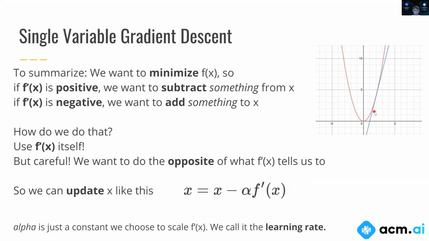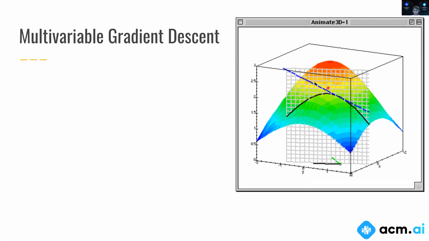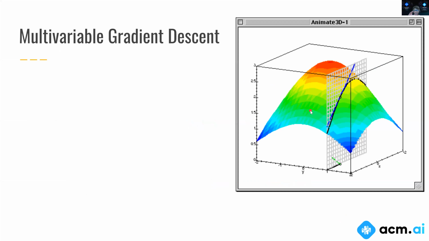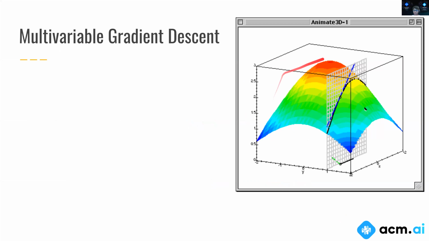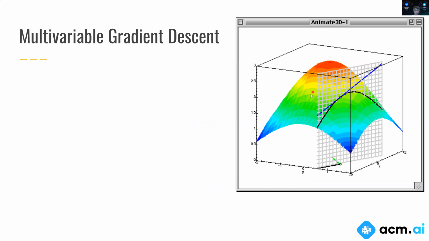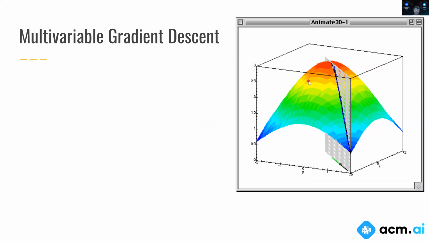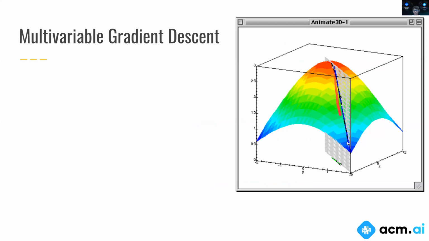In a multivariable case, the gradient is going to be pointing at the normal to the surface. Okay, so now this is a slightly more involved concept. Please don't panic if you don't understand it. But if you have this surface over here, the gradient is going to be a vector which points outwards. So it's normal to the surface here.